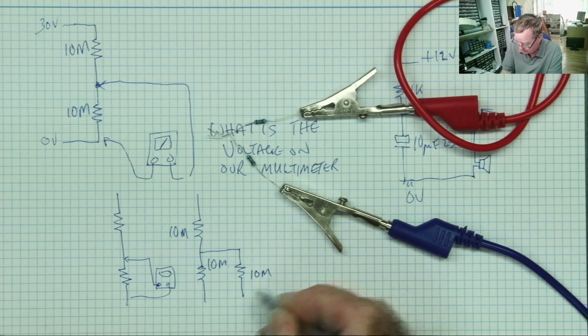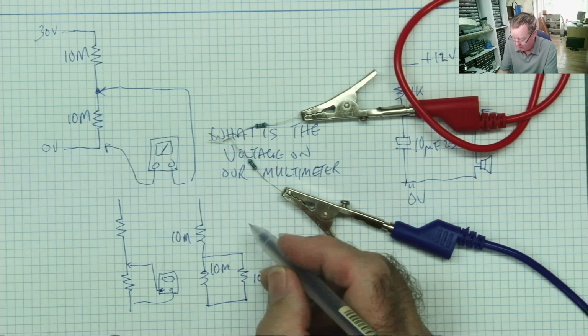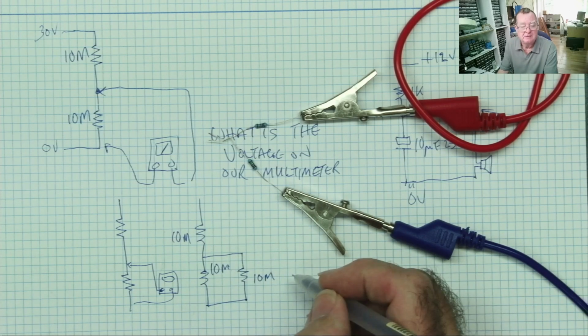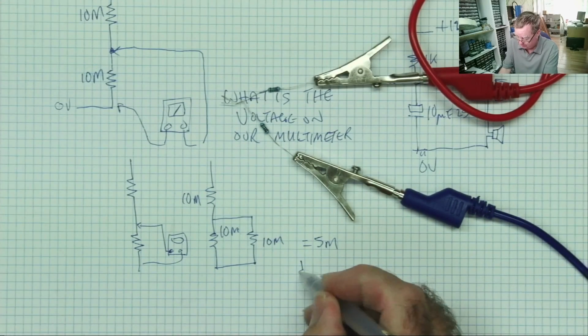That's the multimeter in parallel with the resistor. So what I actually have now is 10 meg and 5. Two 10s in parallel equals 5 meg.